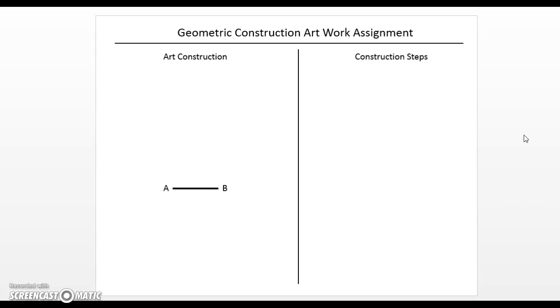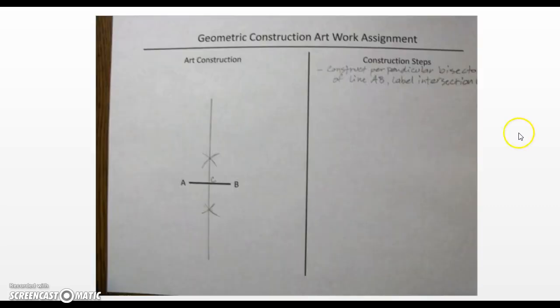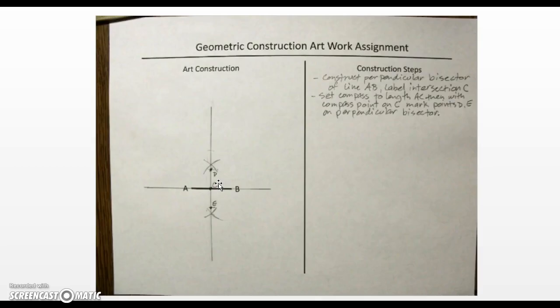Okay, so in the example, we go ahead and construct a perpendicular bisector of line AB, that's the given line, and then label the intersection as C. Okay, so perpendicular, there's a video on the website that we were just at. If you need to review that, go ahead and go back there and take a look at how to do that if you need to refresh your memory. Okay, so once we do that, then the next thing is set compass to the length AC.